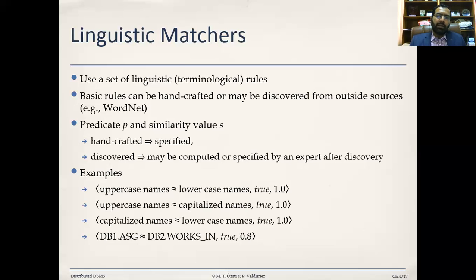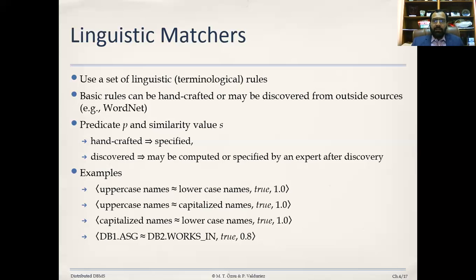Similarly, at the end you can see db1.assignment. db1 is representing one schema, and you're talking about a table called assignment. In another schema, db2, which you want to match, you have another table called works in. So it says that db1.assignment approximately equal to db2.works in is true.